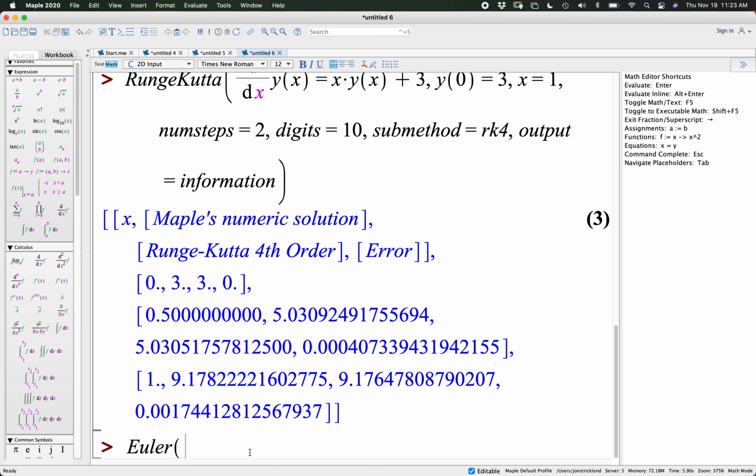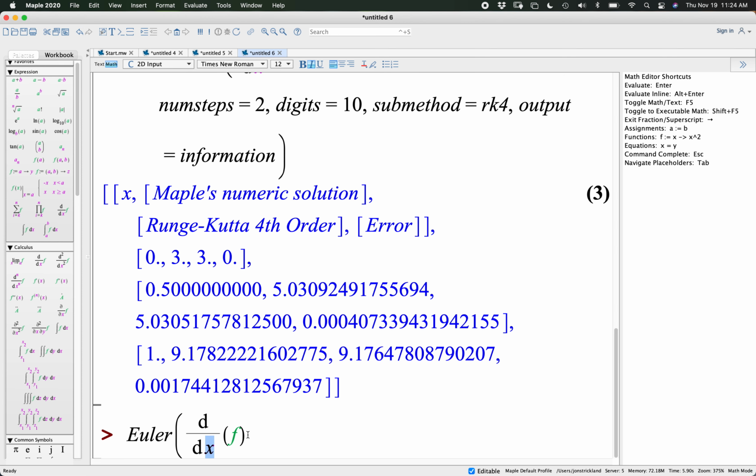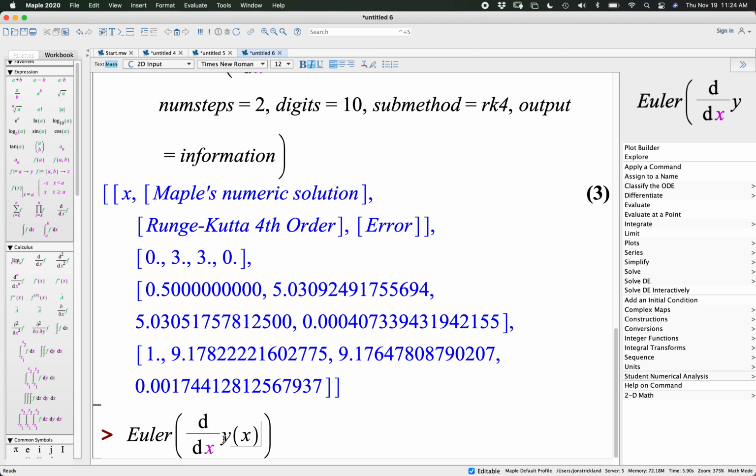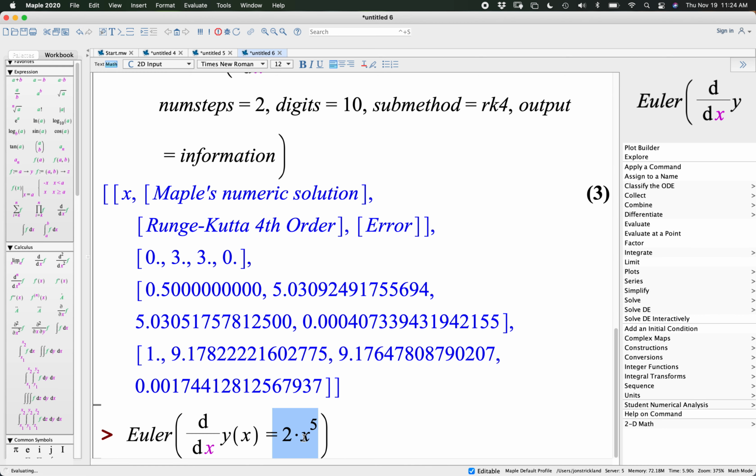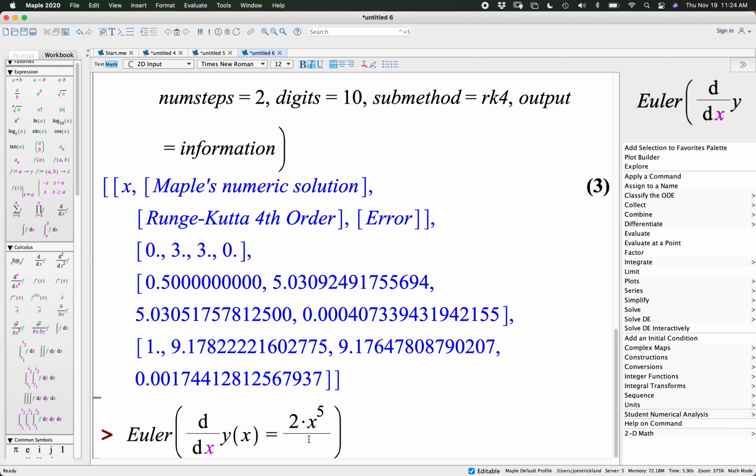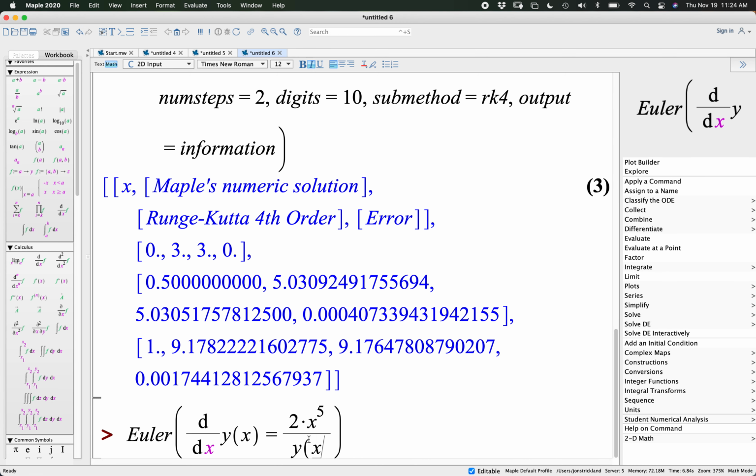Okay, so you got Euler. Again, we have dy over dx. Okay, so you have d over dx of y of x, and you have 2 times x to the 5th, and you have all over y, not just y, but y of x to the 2nd.